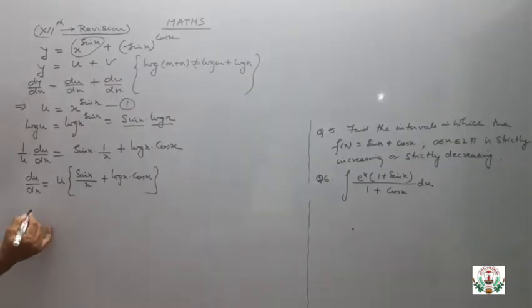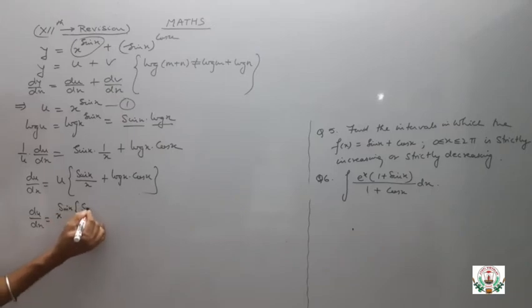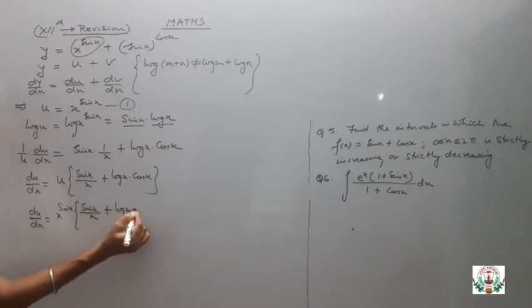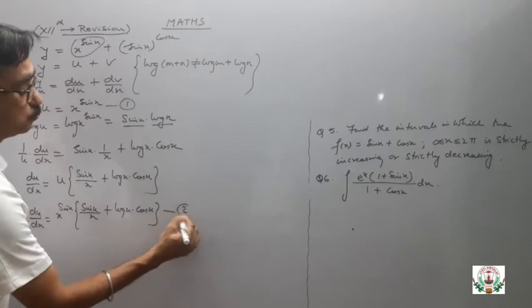Now the value of u is x to the power sin x. So du by dx equals x to the power sin x times sin x upon x plus log x into cos x. This is our equation number 2.